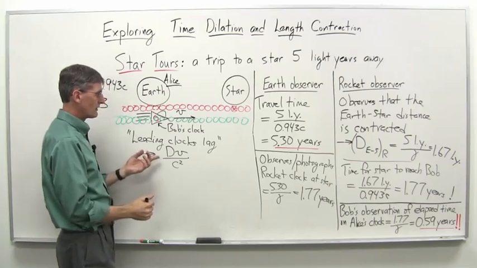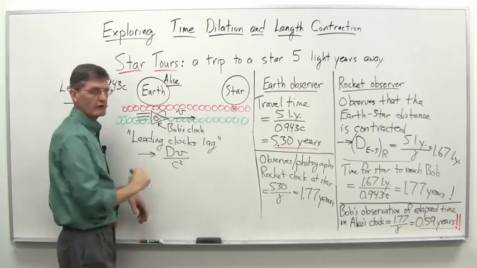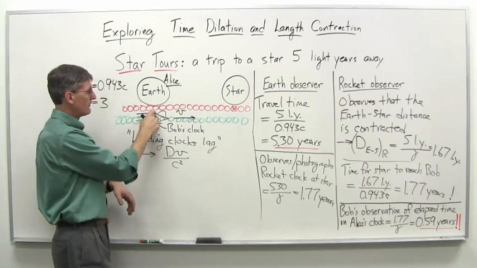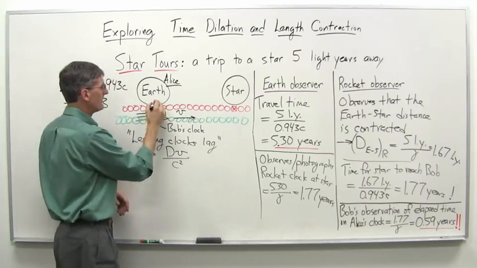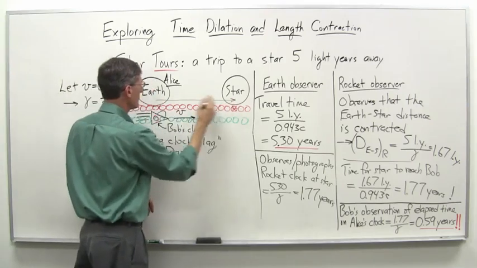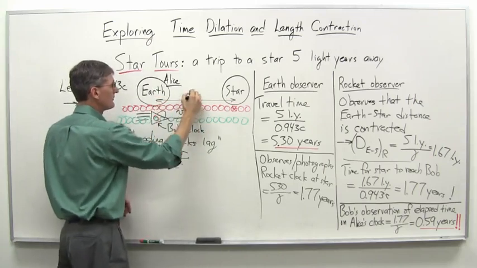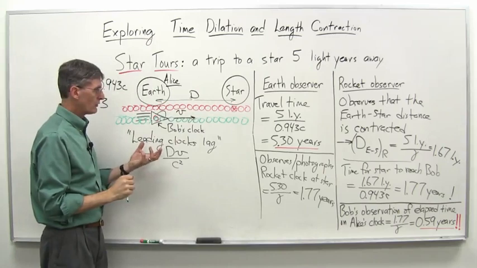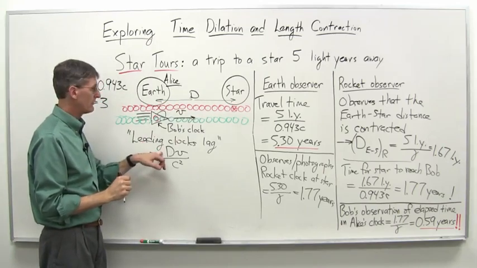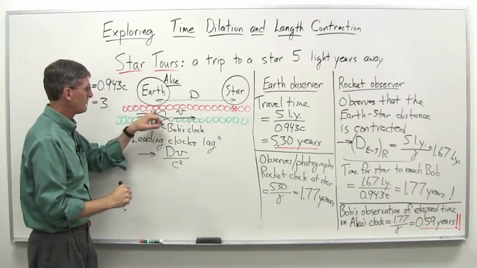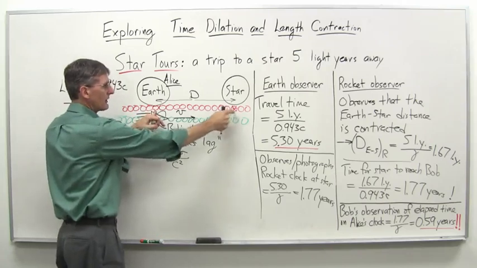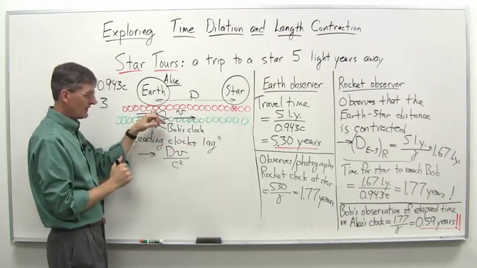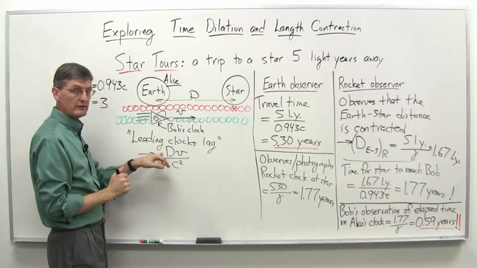Well, that clock is the clock in the rear. This clock here, and note that here's the distance d, to make this clear here. That's the distance d that Alice sees between those two clocks, her distance d. That's this distance. Bob sees a lag between that clock and the clock at the star here that's eventually going to get to him. That lag is going to be dv over c squared.